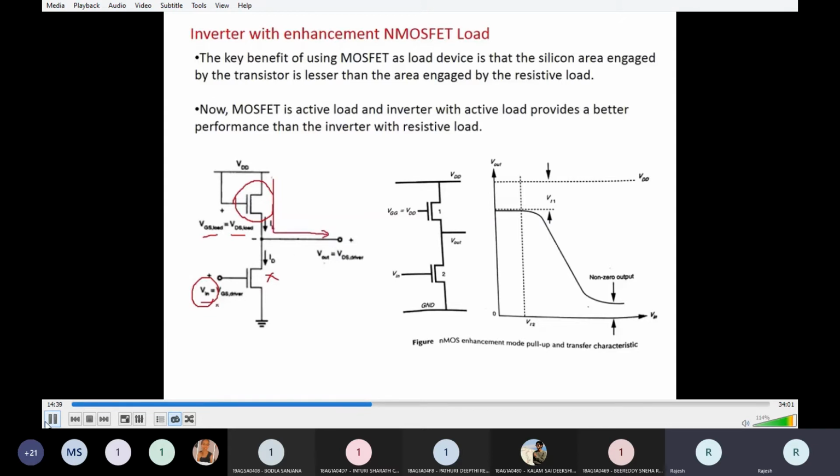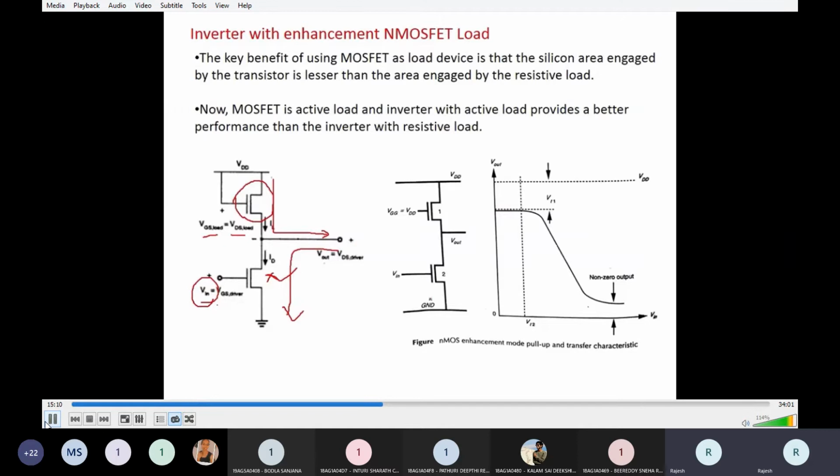Whenever Vin is high or logic 1, the output is directly connected to ground through this transistor, because it turns on when Vin is high. So we will get a low output. For low input we get high output, for high input we get low output. That is nothing but inverter operation.